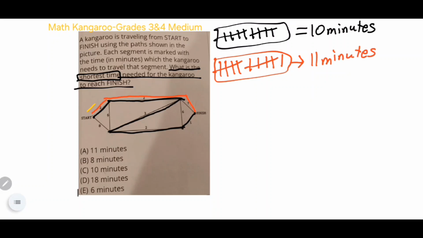We could go on this 2, then on this 2, and then we could go on this 6, and then 1. That would be 2 plus 2 plus 6, so 1, 2, 3, 4, 5, 6, and then plus 1. This would also equal 11 minutes.